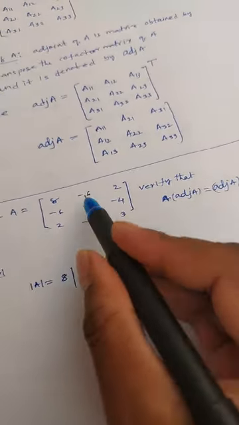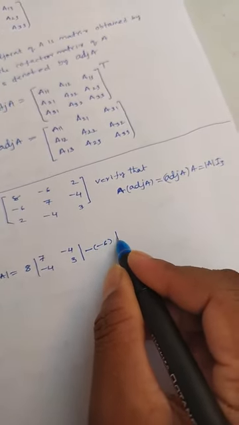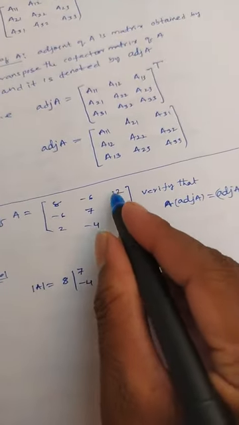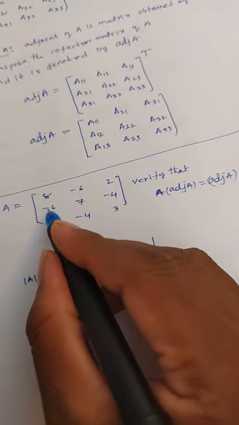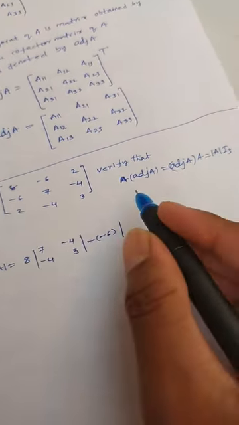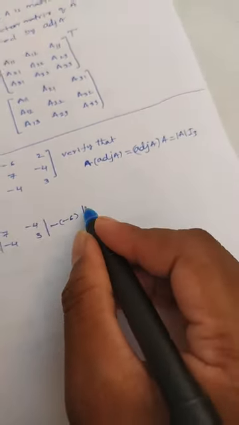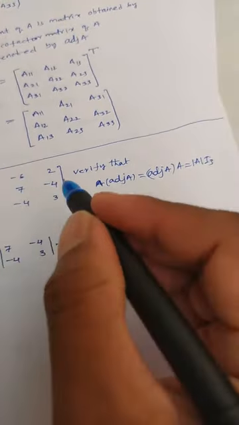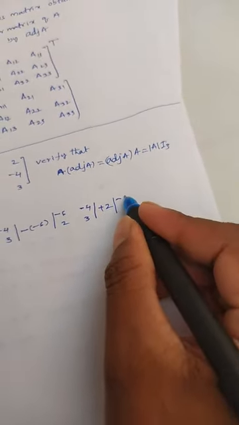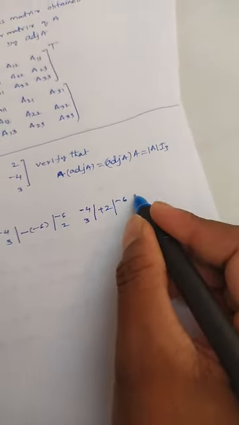Then, taking the second element, before that keep a minus sign, and take the second element minus 6. Now remove the second column and first row, and you get minus 6, minus 4, 2, 3. Find the determinant of those four elements. Next plus 2. Now remove the third column and first row, and you will get these four elements: minus 6, 7, 2, minus 4.